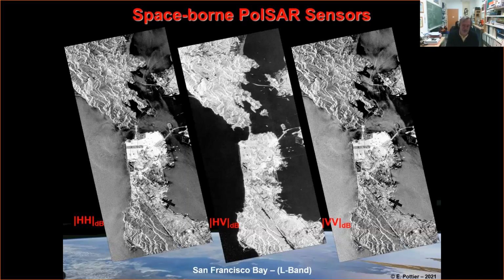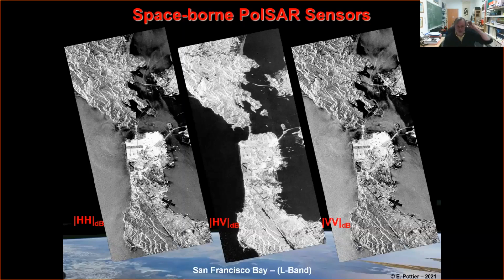In our case, due to the change of the radar system and displacement of the radar system during the acquisition, you are not going to see exactly the environment in exactly the same configuration, because you move a little bit when you switch from horizontal to vertical. This is why HV is not at all equal to VH, but is very, very close. Usually we admit that HV equals VH.